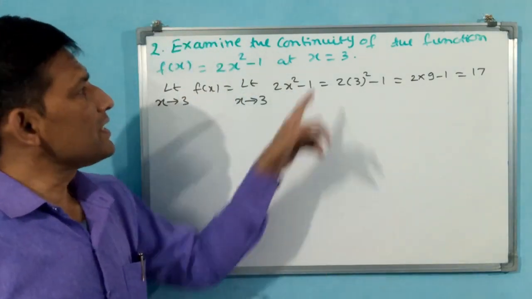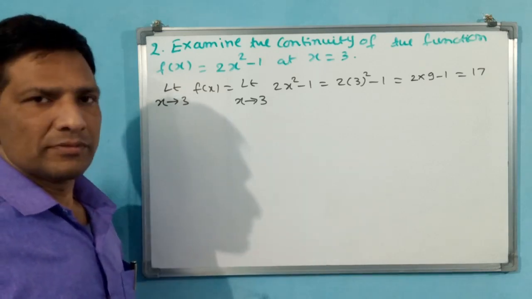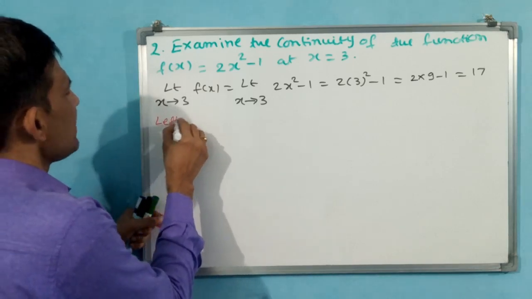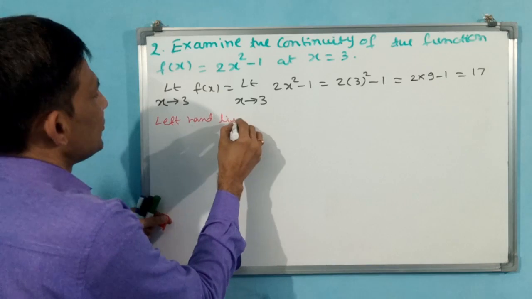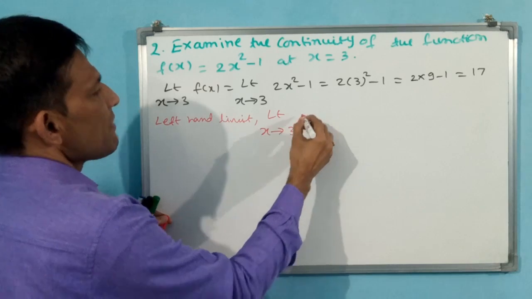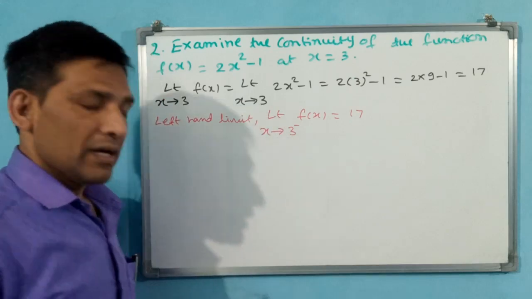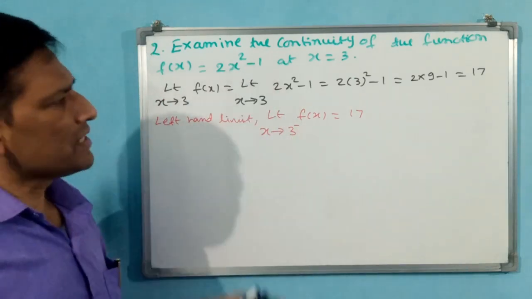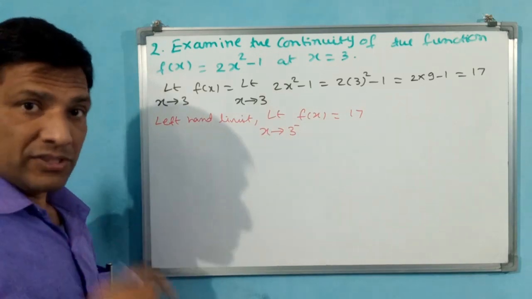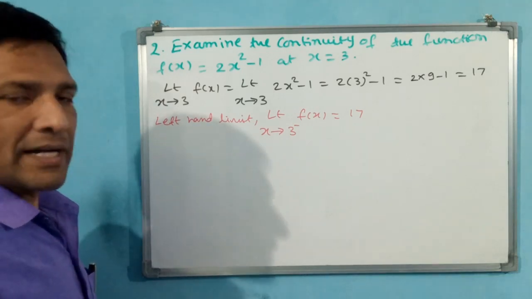Why? Because there is no logical control. Directly, you need not do. You see how I am writing? Left hand limit, limit x tends to 3 minus f of x is equal to 17. Is it correct? Definitely correct. Why? Because there is no logical control. The same value is going to come for 3, 3 minus, 3 plus, that's all. But for procedural sake, we are writing and confirming the procedure. Okay. Let us write the right hand limit.